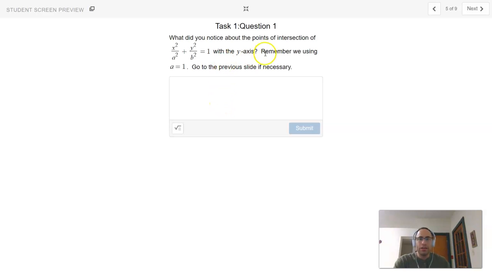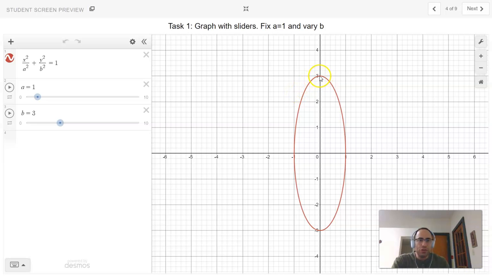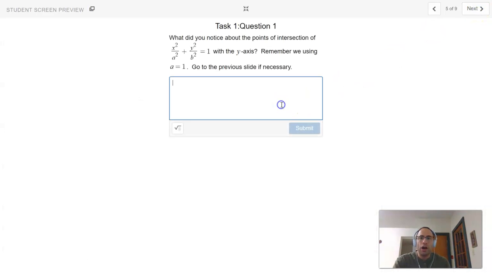So what happened here? Well, again, we stretched the graph vertically. What were the points of intersection? Well, remember, we said already that when b is 3, this point is 0, 3, 0, -3. Just before, when b was 4, we got 0, 4, 0, -4. Well, it looks like then the points of intersection are going to be 0, b, and 0, -b.